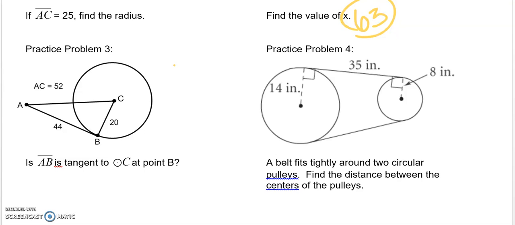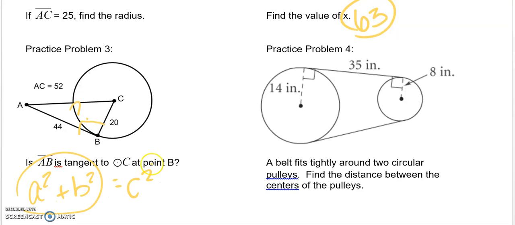Problem 3. When the question's asking if it is tangent, essentially it wants to know, is this a right angle or not? Because of our Pythagorean theorem, we can use that to help us prove it. So we can do a squared plus b squared equals c squared.